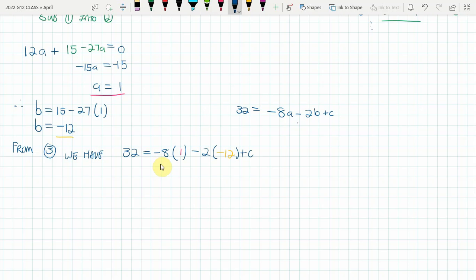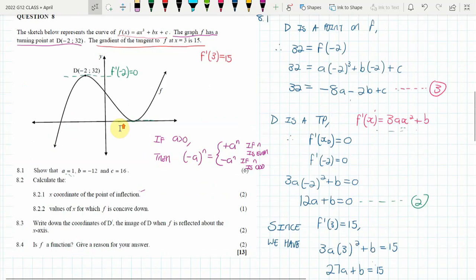Then we can just solve for c. So what will c simplify to? First term here we have minus 8. And then second term we have plus 24. Then plus c. Minus 8 plus 24 gives us 16 plus c equals 32. That means c equals 32 minus 16, just 16. Yeah, this is what they had.